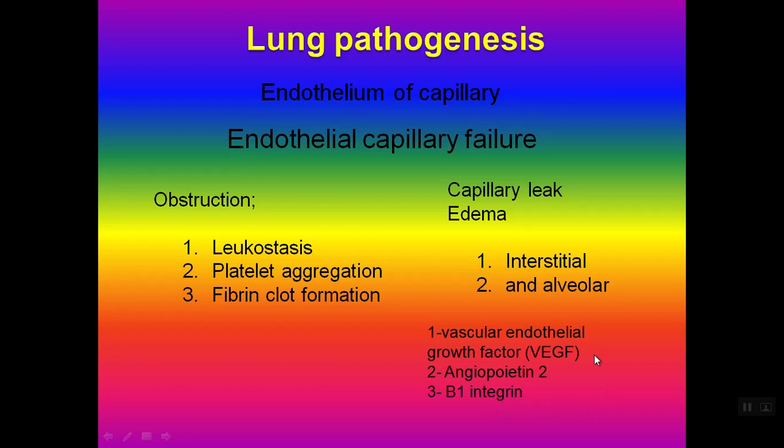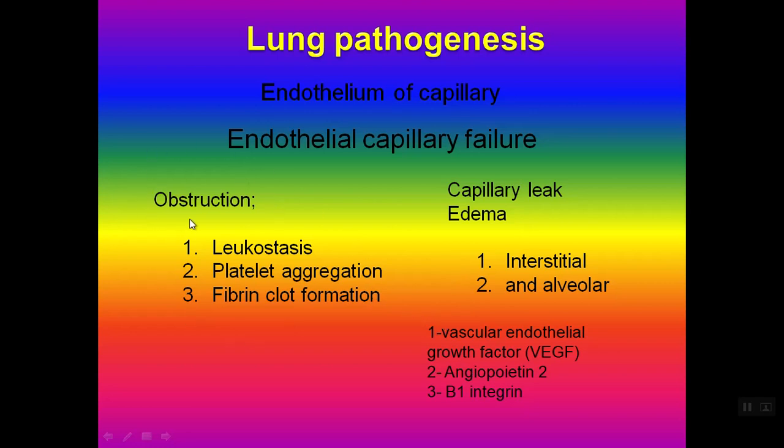This is due to excessive secretion of vascular endothelial growth factor, angiotensin 2, or beta-1 integrin. Treatment of such a capillary leak: so far no drug, but we usually adopt restrictive fluid therapy.